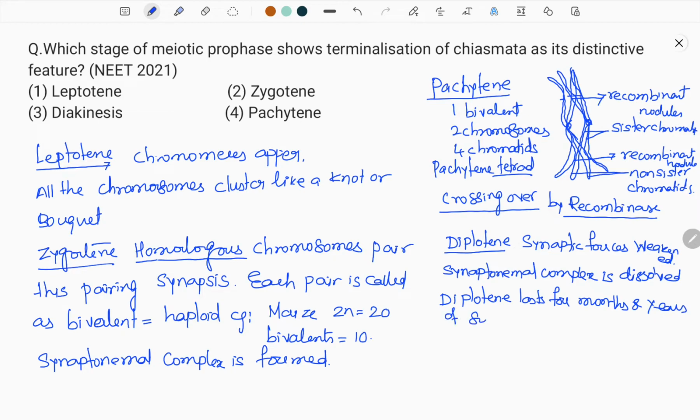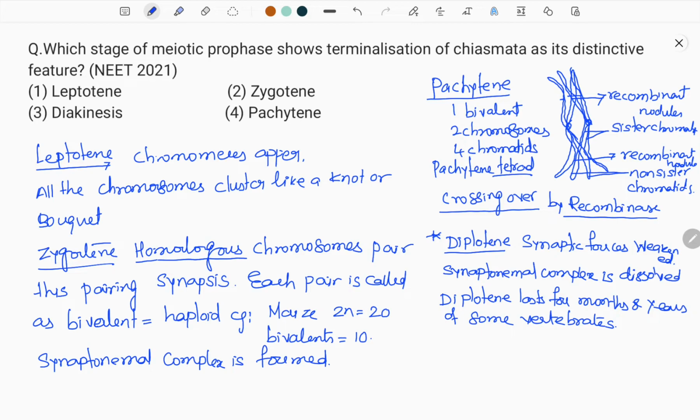That is, after diplotene, Meiosis-I is halted, that is, paused. For so many years it is paused. Again, when the organism reaches puberty, it will resume after diplotene. So it is also very, very important. It can be asked as a question.